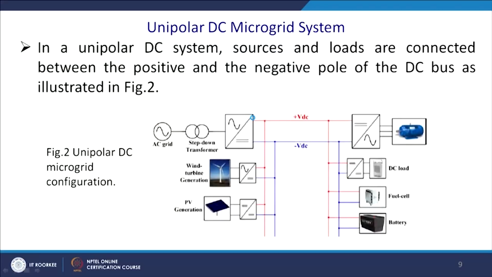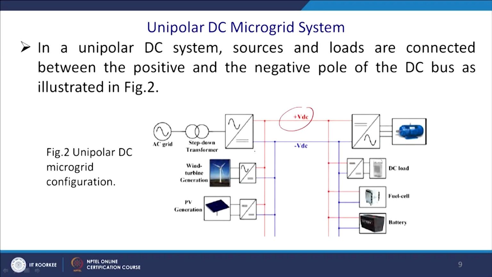In a unipolar DC system, source and loads are connected between the positive and the negative pole of the DC bus voltage, as illustrated in this figure. This is a unipolar DC configuration. You have a step down transformer and thereafter an AC to DC conversion, and thus you get a DC voltage.